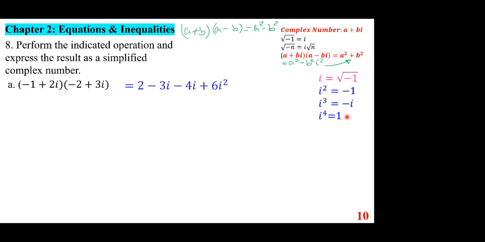So we're going to change this to -6. Now 2 and -6 add up to -4, and these two add up to -7i. So the way you add them up is very similar to adding like terms, you just have to take care of the powers of i accordingly. That's all there is to it, class.